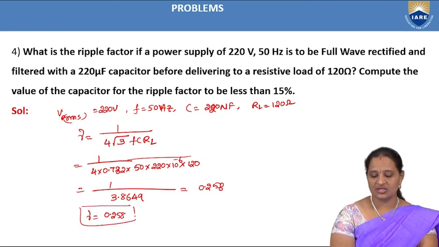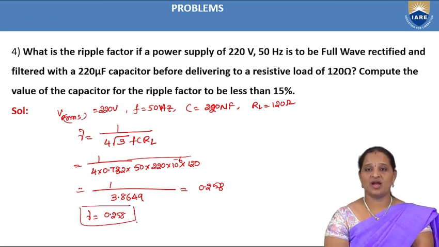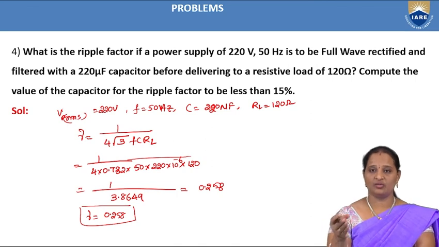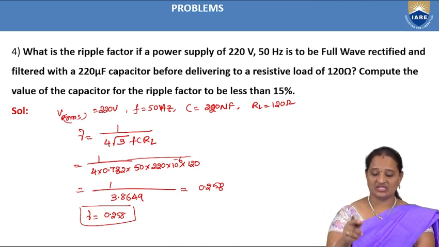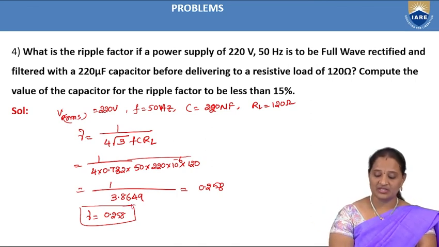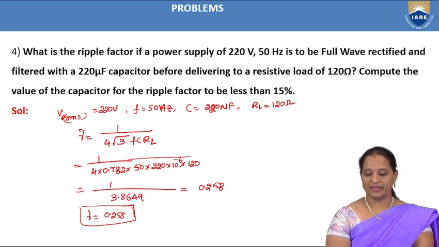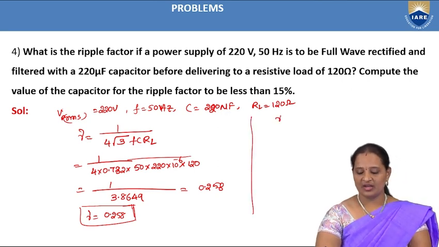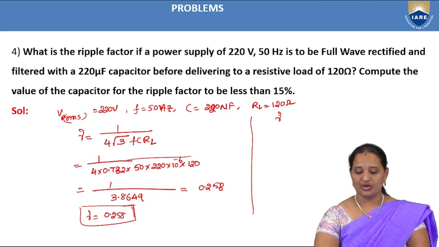Now, he asked us to find the capacitor value which is to be used in order to get a ripple factor which is 15% less than this one. So that means we are finding the new ripple factor.